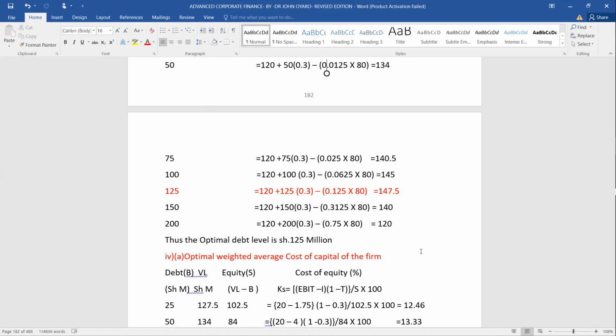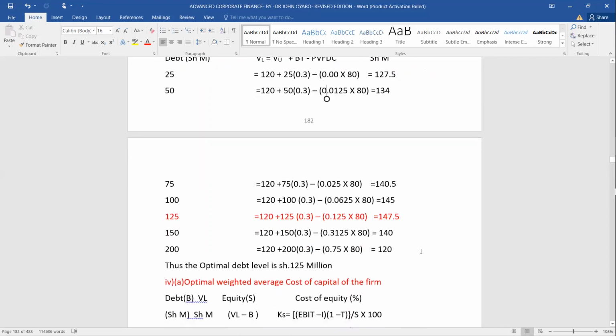Can I assume the figures are correct? Yes, confirmed. They are correct. So which is the optimal debt level now? Where is the value maximized? Where is the value of the firm maximized? That is the one in red, 147.5 million.